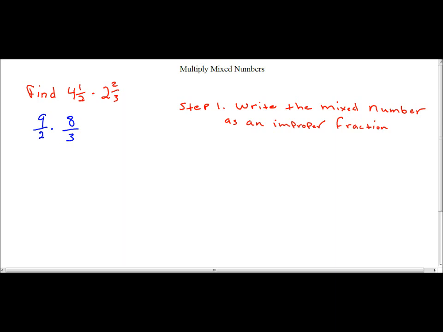Well, again, I'm going back to using those same rules we did. If we can, let's simplify first. So I see I can look at 2 and 8. They are factors. So 2 divides into 2 one time, and 8 four times, and 3 divides into 3 one time, and into 9 three times.